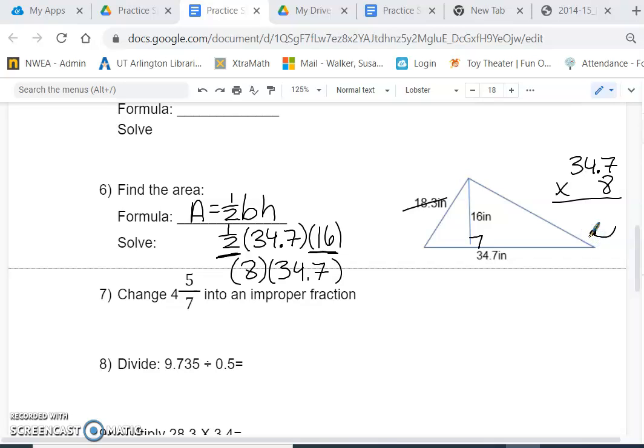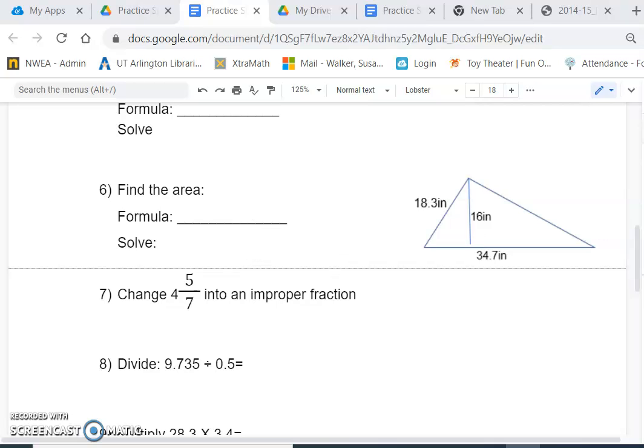Okay? Here's one we haven't done. We have not practiced making improper fractions. Okay? So we basically do reverse. So before we had an improper fraction and we made it mixed, we would divide. Whenever we go to an improper fraction, I always say we do Texas, TX.